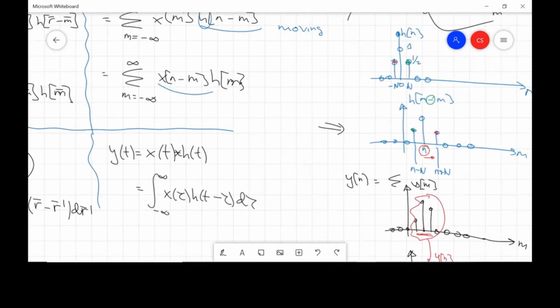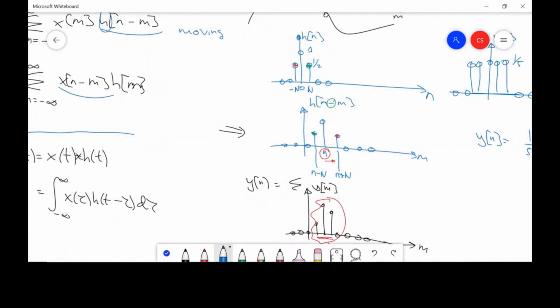Let us make an annotation. This is h of 0. This one is h of 1. And this one is h of 2, h of -1.